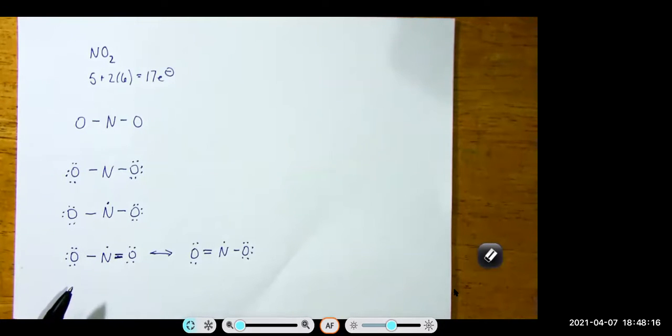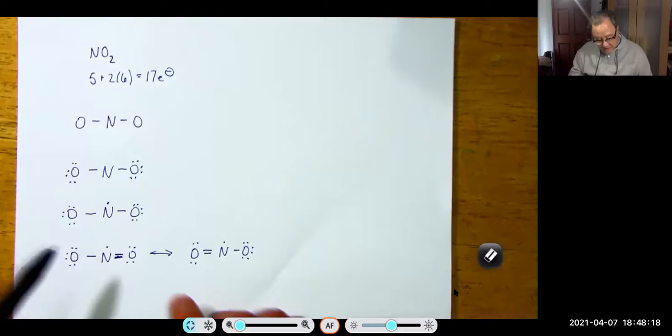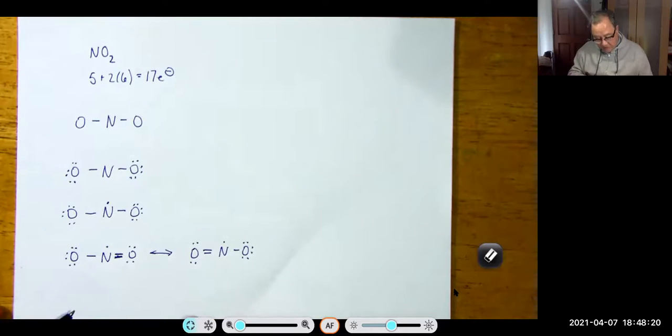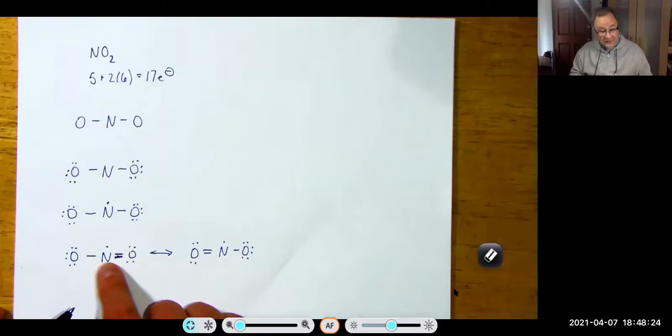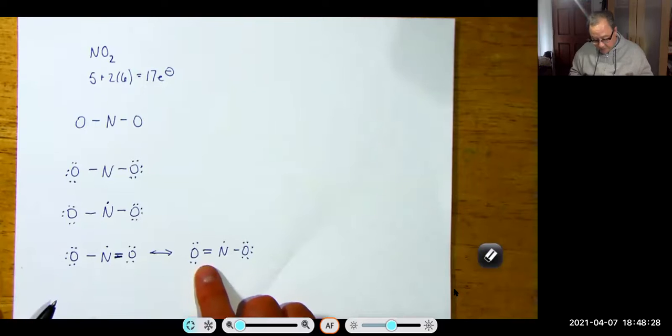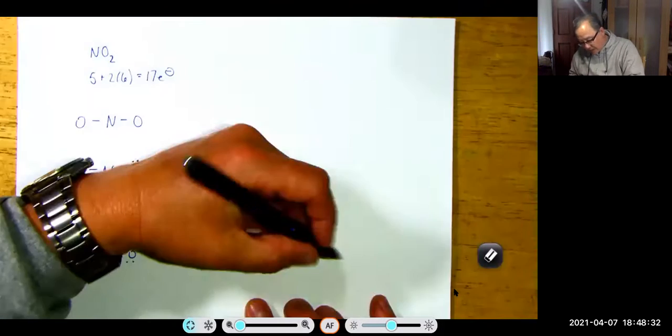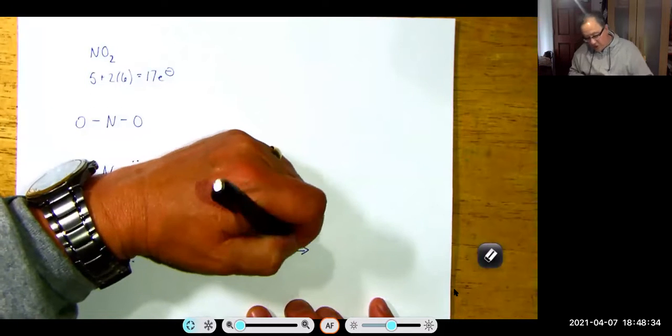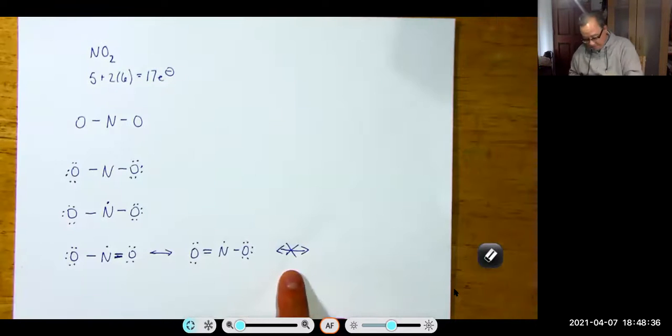Then I'm trying to get an octet on nitrogen, so I borrowed a lone pair from this oxygen and made a double bond. And now I have 7. And here I borrowed a lone pair from this oxygen and made 7. And we're not going to do this. So this means no.